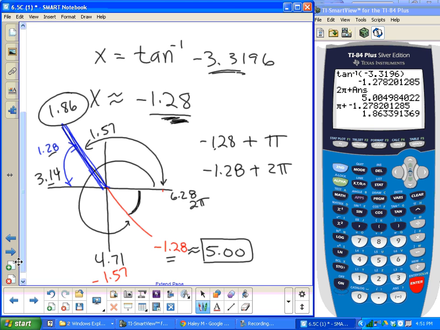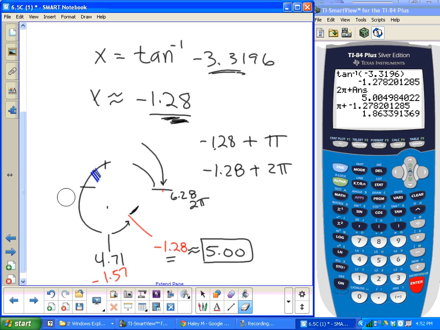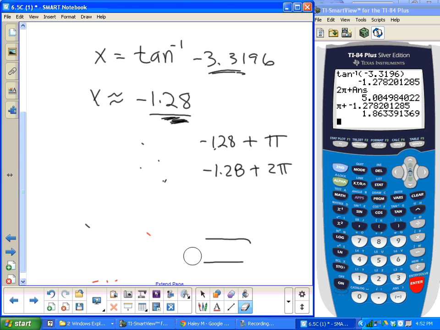Just think about that. Let me show you this another way, if you didn't follow what I was just doing there. If I'm down there at negative 1.28, I'm in the fourth quadrant.